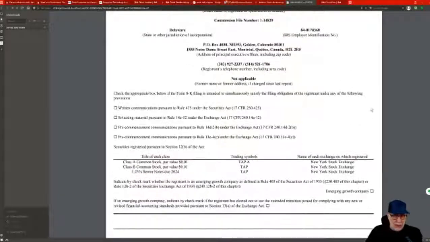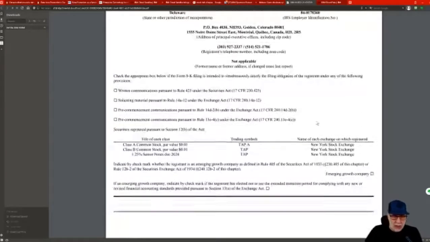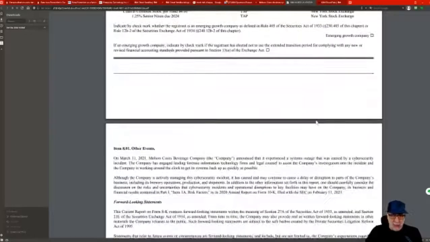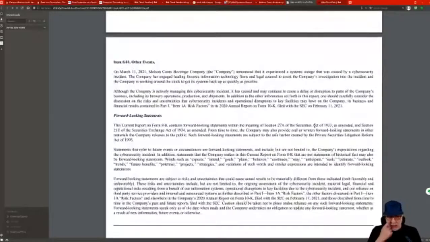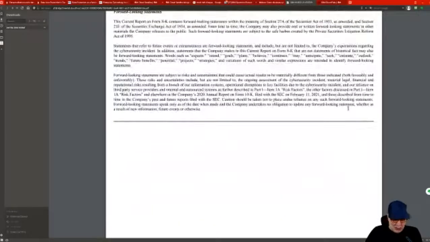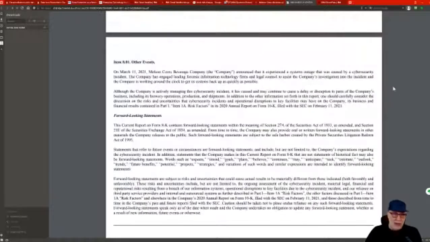I kind of knew this was an SEC requirement, but I'd never actually looked at one of these forms. It goes into a fair amount of detail on exactly what occurred, when it occurred, what were the risk factors, what's the potential implication on valuation and on the finances and transactional integrity of the company. So it was pretty interesting.